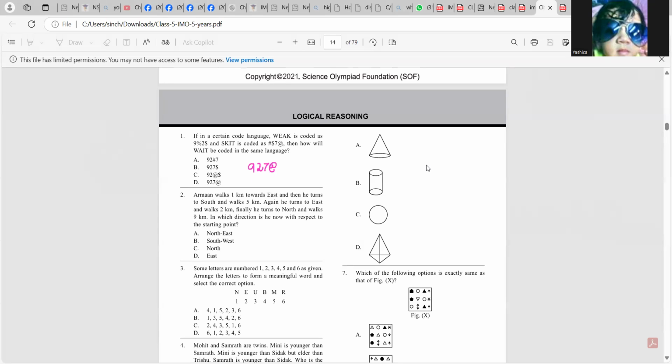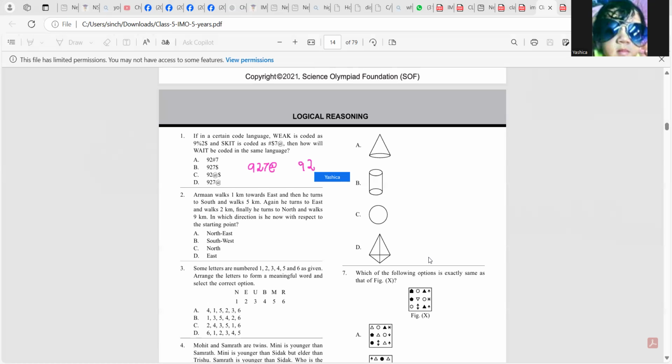Ma'am, the answer will be 927@ because if we substitute, W from week will be 9, A from week will be the third letter, the third alphabet or the third number, which is 2.